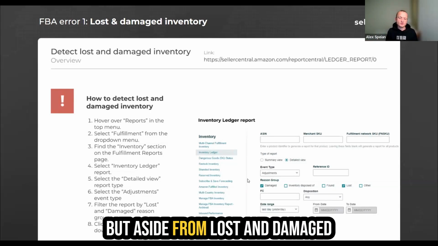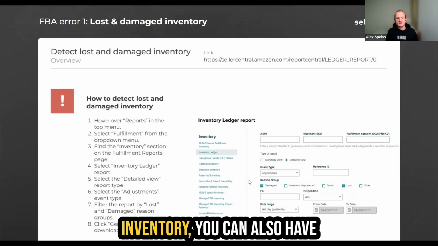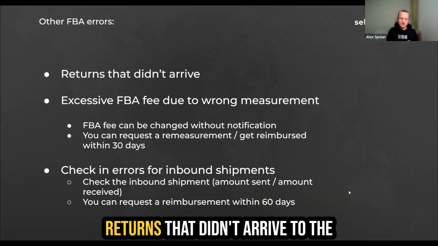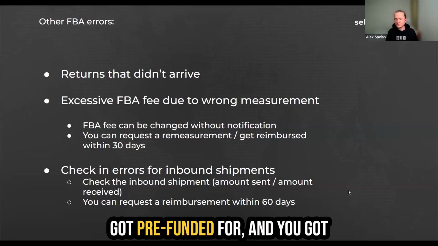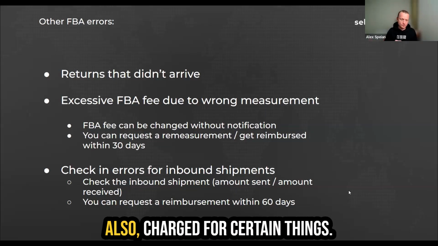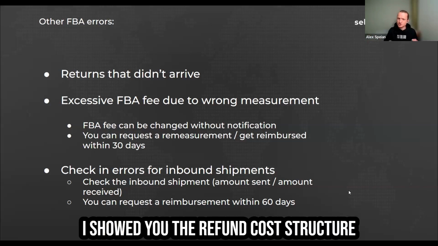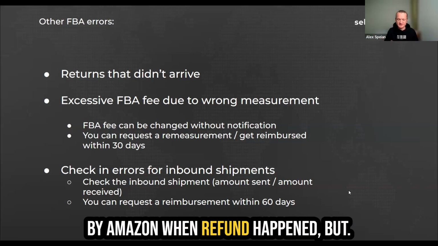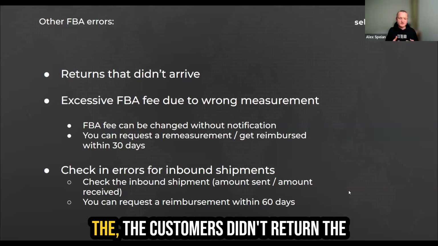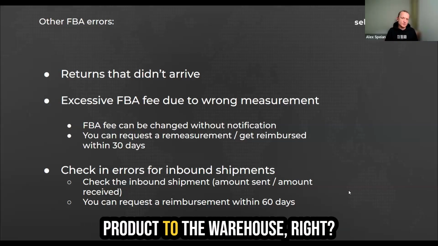But aside from lost and damaged inventory, you can also have returns that didn't arrive at the warehouse, right? That the customers got refunded for, and you were also charged for certain things. I showed you the refund cost structure and what things you are charged for by Amazon when refunds happen. But the customer didn't return the product to the warehouse, right?